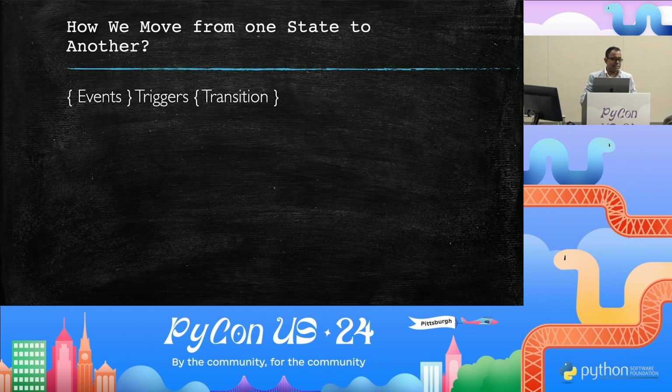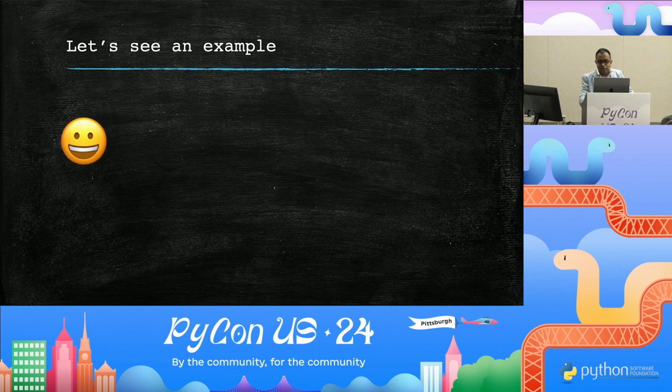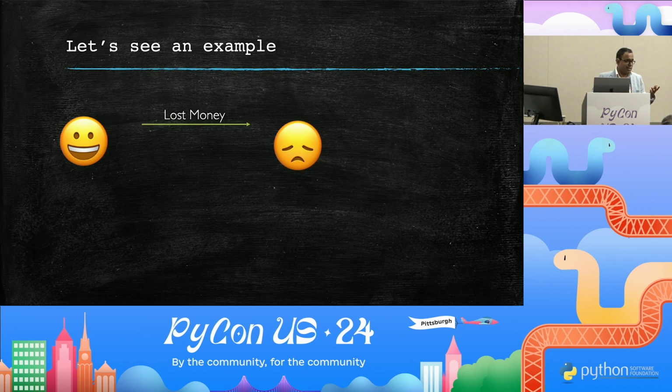State machines have events which trigger transitions. For example, I'm in a happy state, I lost money, I transition to a sad state. But when I gain money, I transition to a happy state. Generic example.